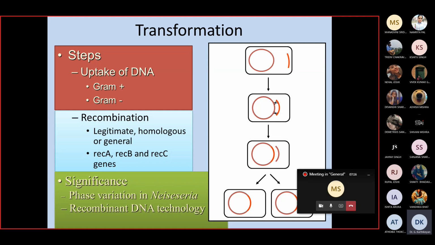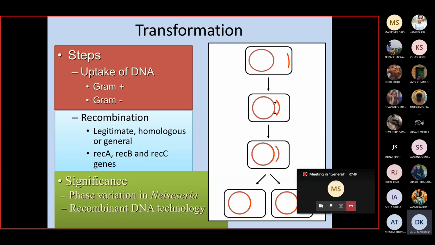When we look at bacterial transformation, both gram positive and gram negative bacteria have this ability to take up exogenous DNA, and each bacterial species has its own capacity. Whatever fragment of exogenous DNA it takes, it recombines with the host gene in regions where there is homology.